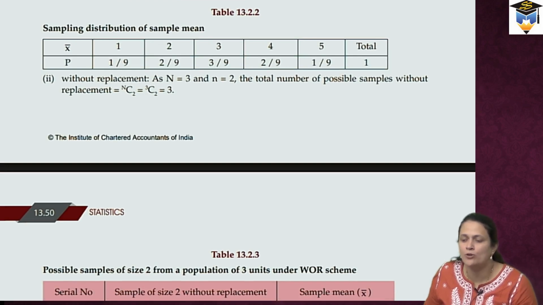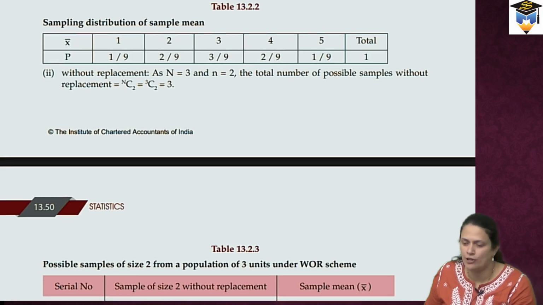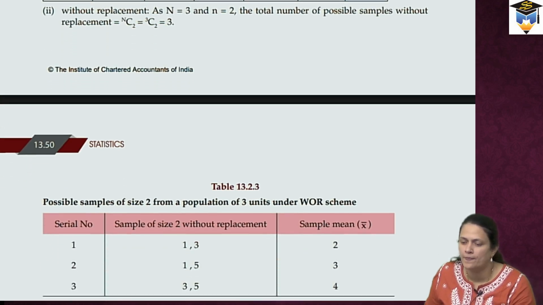So this is without replacement. They have used the formula. Shall I move ahead? Is it okay?